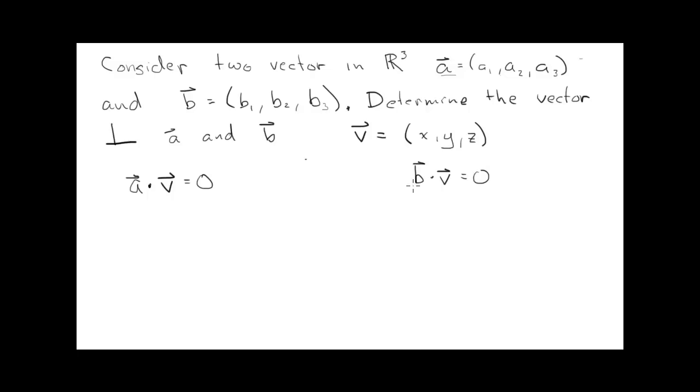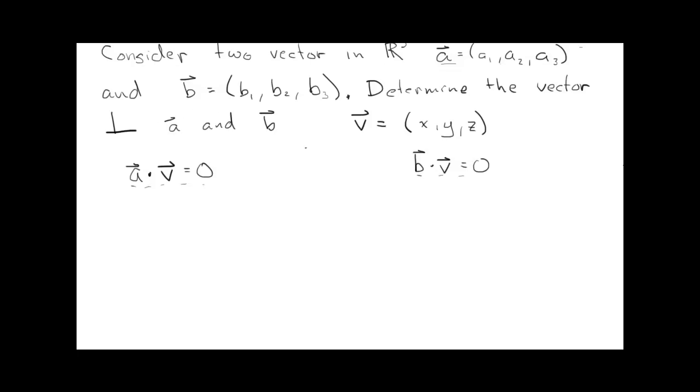So we're going to use these two facts to come up with our formula for the cross product, right? Because the cross product will be the vector that's perpendicular to A and B. Okay. So now let's use the coordinates we have. A is A1, A2, A3 dot X, Y, Z, and that should be equal to 0.